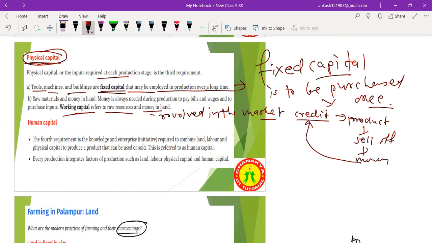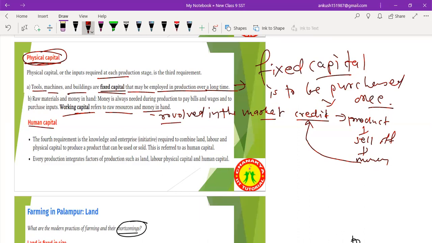Have you got the point? Are you agreed with this? Yes, sir. Yes, because it is a reality. It is a reality. Understood?